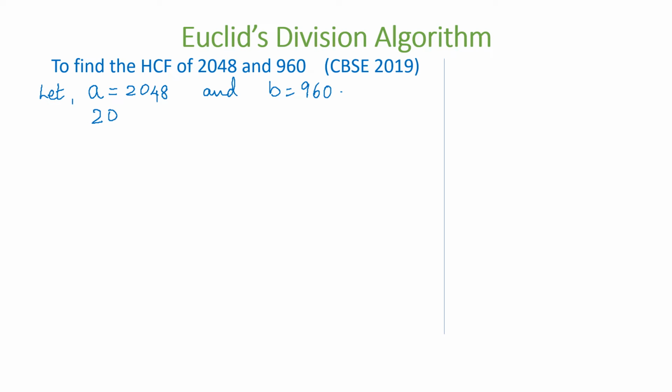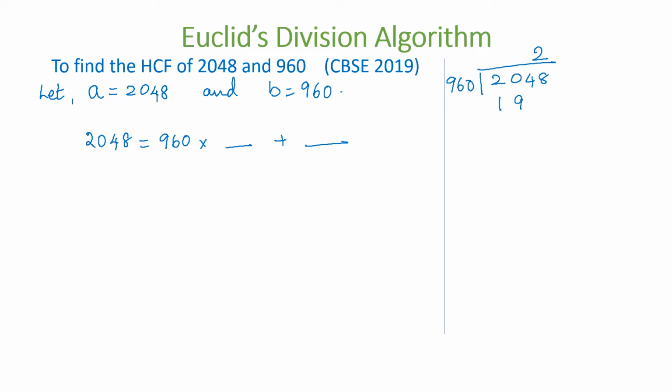Then I will write down 2048 is equal to 960 into dash plus dash. So we will divide 2048 by 960. You will see that 960 into 2 will give me 1920, and therefore my remainder comes out to 128.